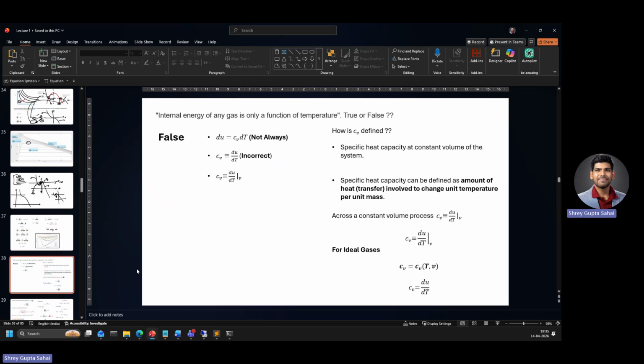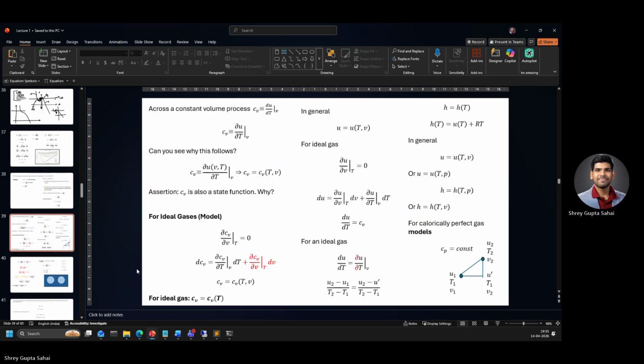Energy: what is the actual definition of energy? Is it Cv, dU by dT at constant volume, or all those things? We discussed what the ideal gas is, what the theoretically perfect gas is, those kinds of things.